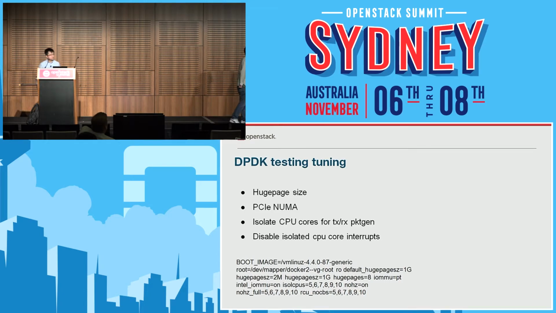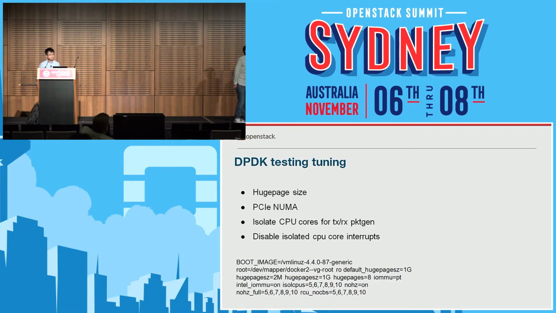Another one is to isolate the CPU cores which are used for processing the receiving and sending packets, which normally is we allocate 1 core for the DPDK application. And the last thing we have to do is to disable the CPU interrupts.